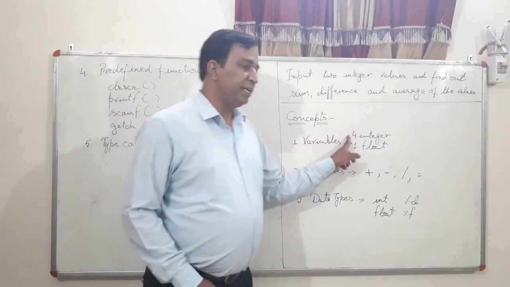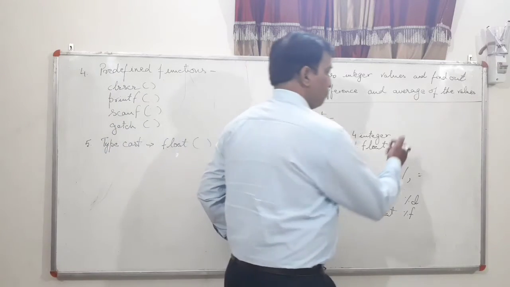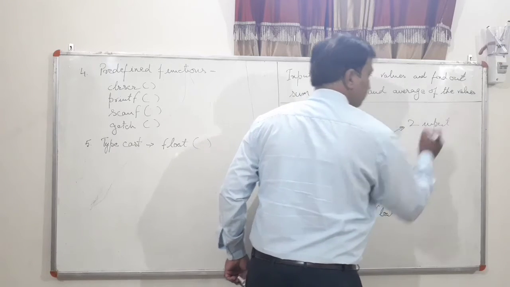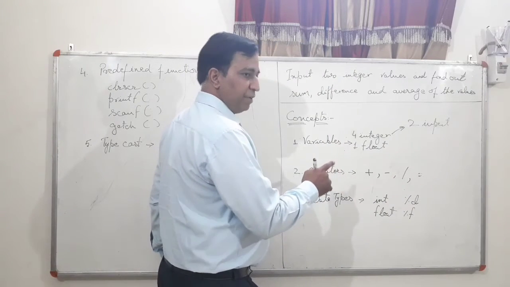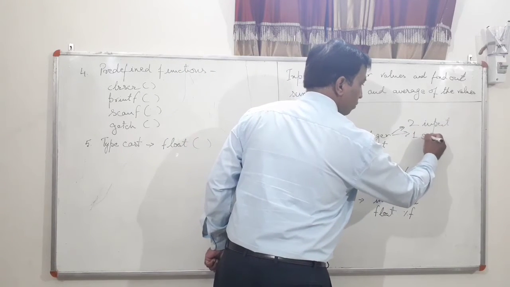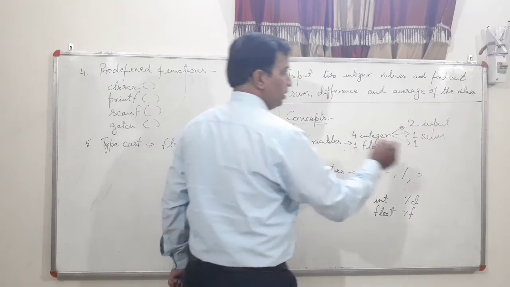We'll be using 4 integer variables and 1 float variable. Now why 4 integer variables? 2 for input. We'll be needing 2 integer variables for our input, 1 to calculate sum and 1 to calculate difference.